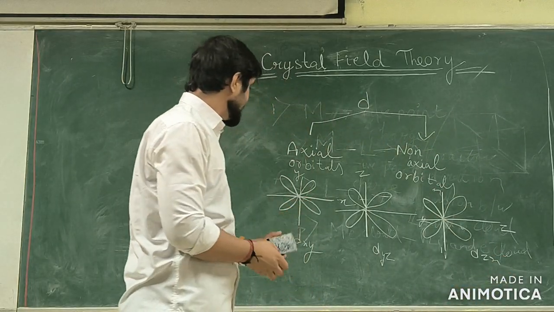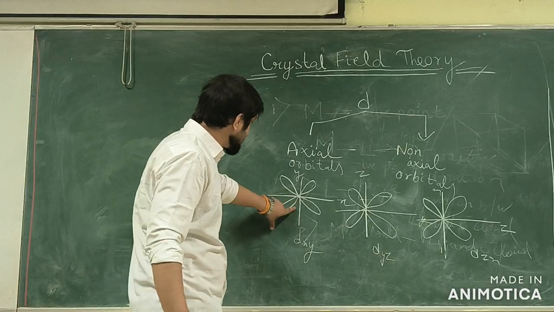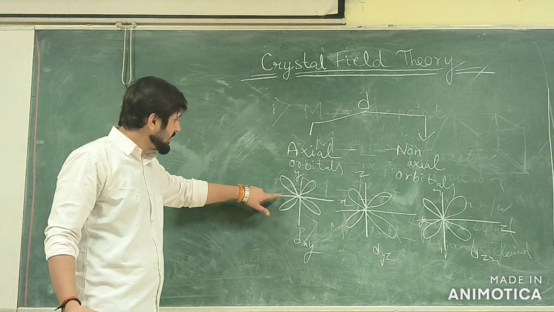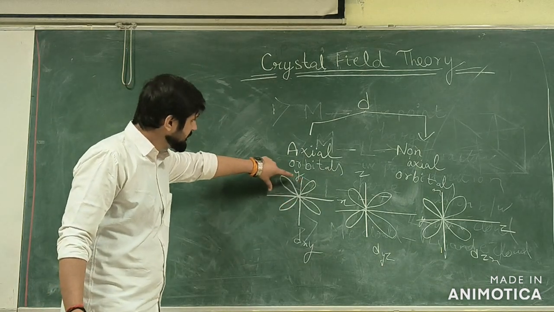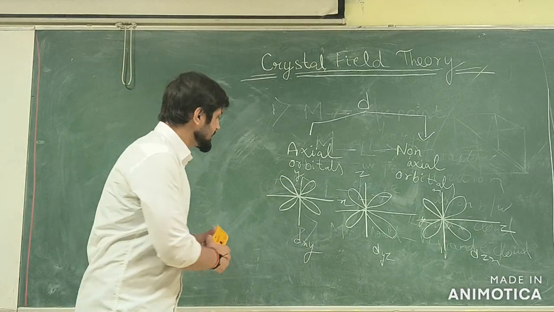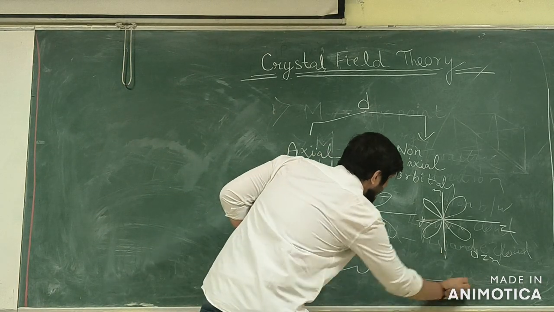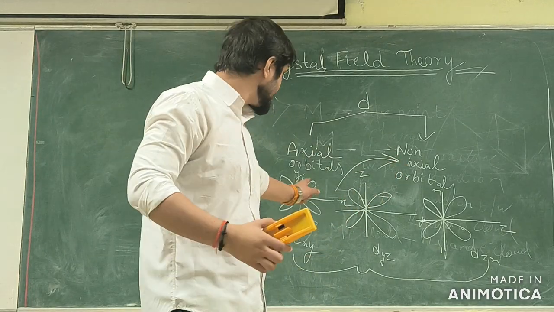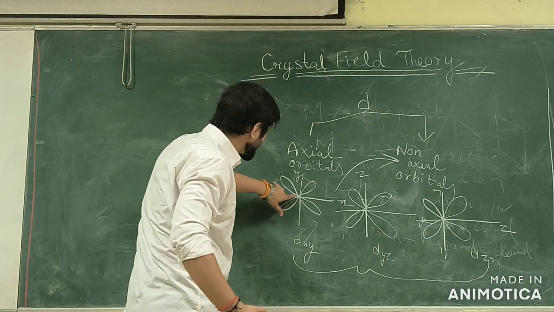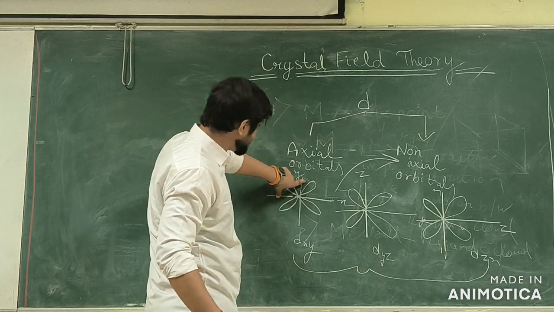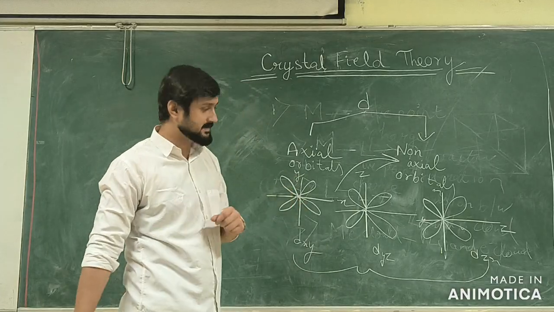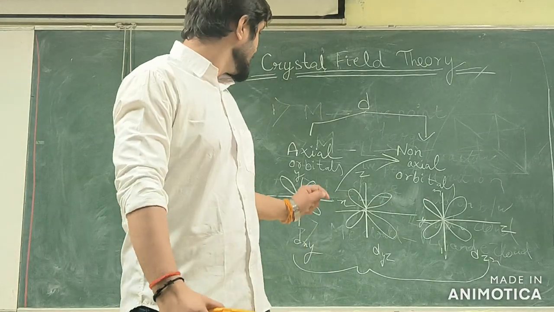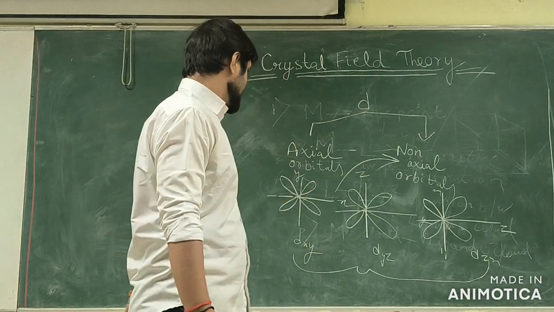Now what you can see is that the lobes of these orbitals are not aligned towards the axes; they are in between two axes. Hence these three orbitals are non-axial orbitals. Do you understand why? It is because the orbitals are present in between the axes, not along the axes. That is why dxy, dyz and dzx are known as non-axial orbitals.